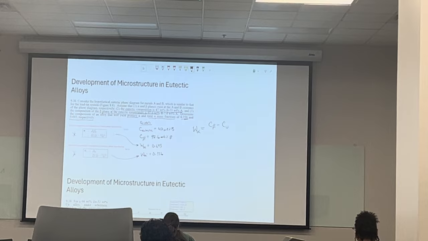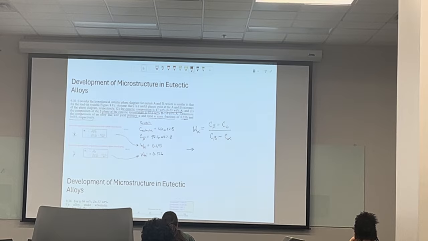The original composition divided by the beta composition minus the alpha composition. Actually, I'm just going to write about these.